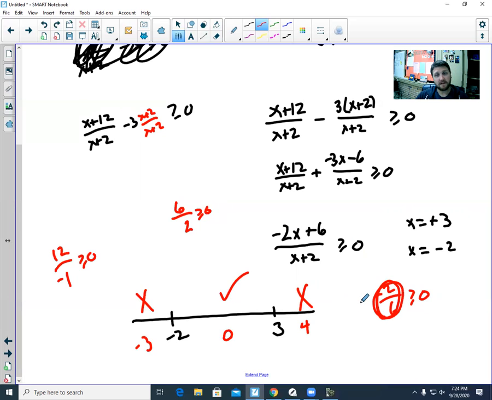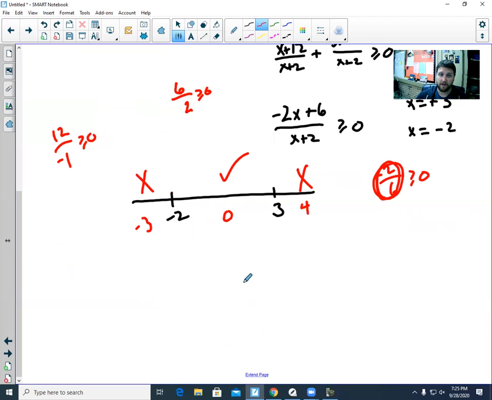So the last thing I really have to do is see if these endpoint values do work and if they make it true. Because I know that right now my interval is going to look like this, negative 2 to 3. But I have to know whether I'm going to put an open parenthesis or a closed bracket. So when I take my value, negative 2 or positive 3, I'm going to plug it back in. I know negative 2 is not going to work.